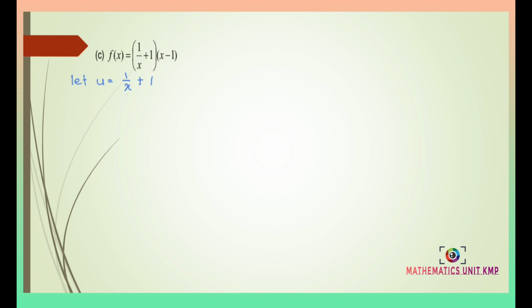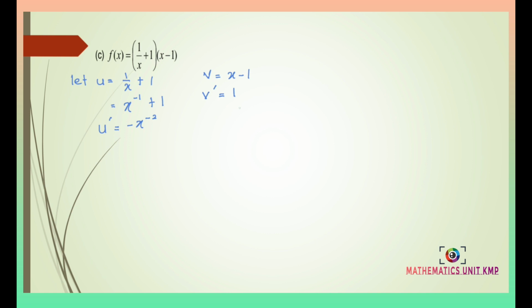To make it easy to differentiate 1 over x, we change it to x power negative 1 plus 1. And then we differentiate u, so we get negative x power negative 2. After that, we let v be equal x minus 1. Differentiate v, we get 1.